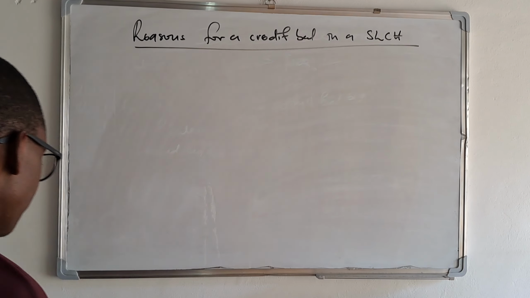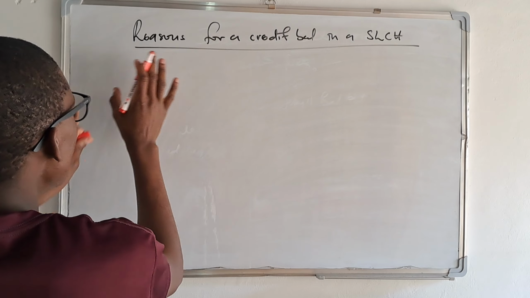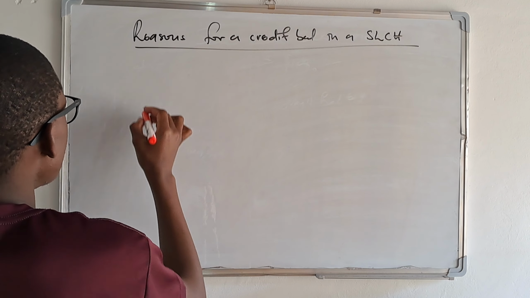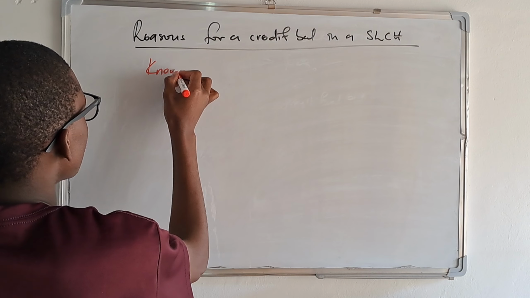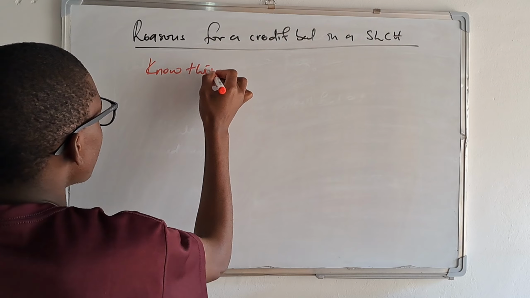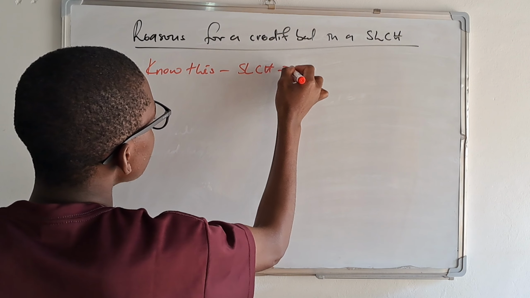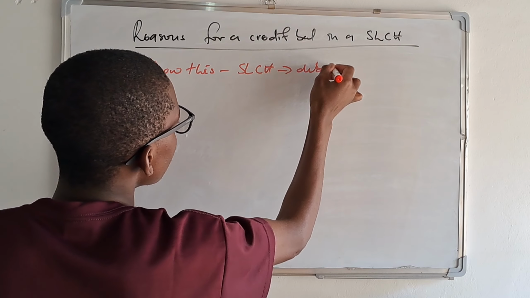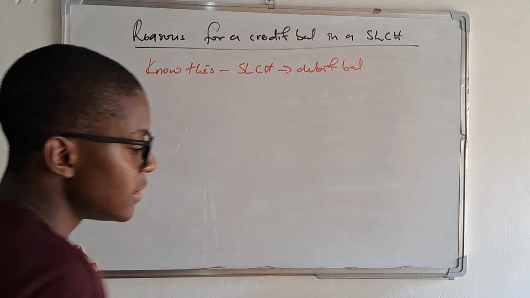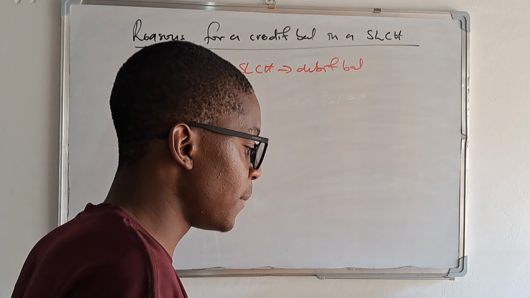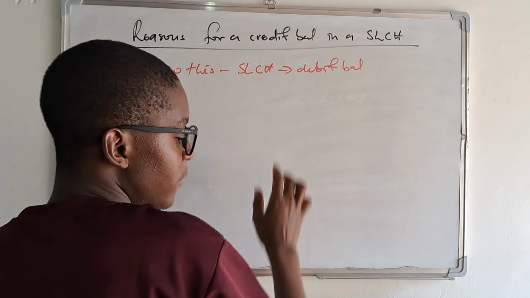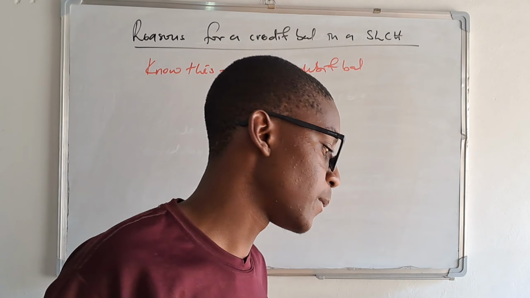You need to know the first step, before we actually give the reasons. A sales ledger control account has a debit balance. This is the starting point. It is a debit balance at the end of a given accounting period.